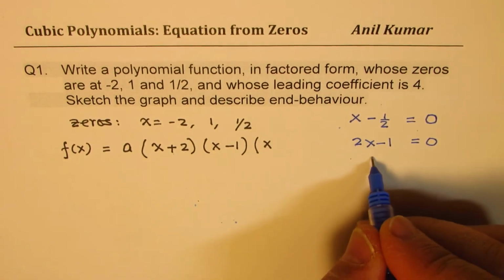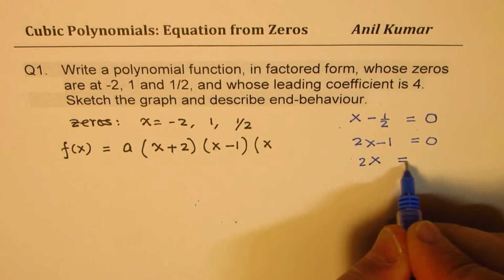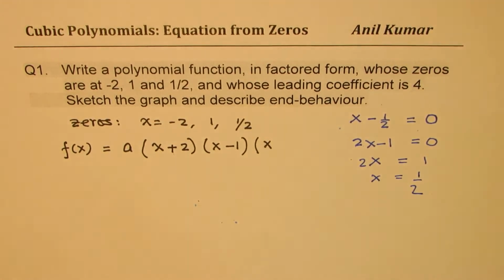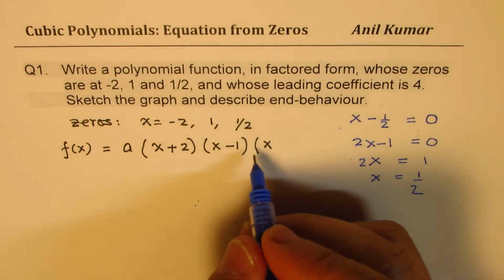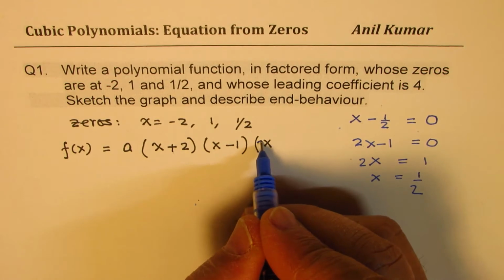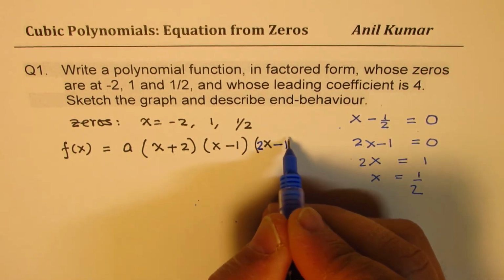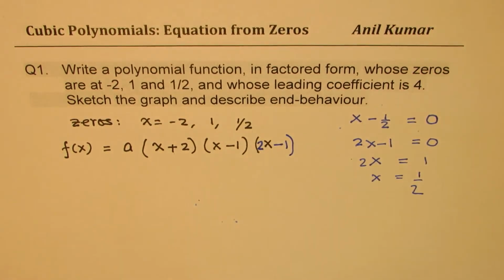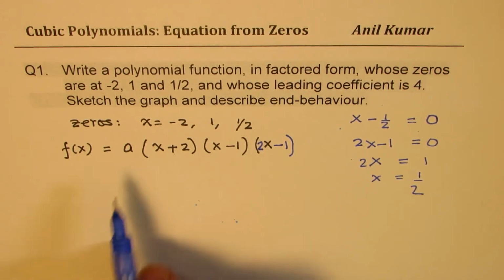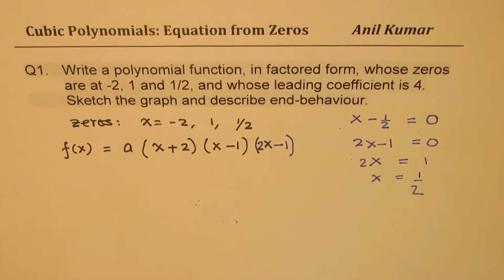If you solve it, you get 2x equals to 1 or x equals to half. Does it make sense to you? So in such cases, instead of writing x minus half, we are going to write 2x minus 1. So we are avoiding fractions by writing like this, where a is any real number, right? So that is how you're going to write it.